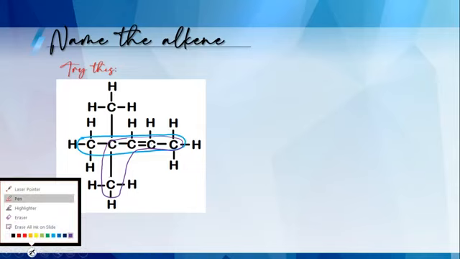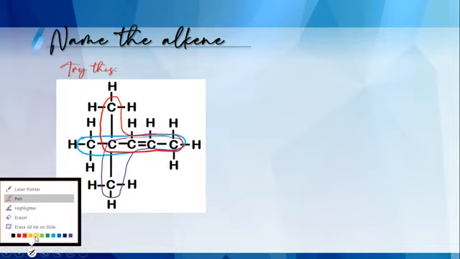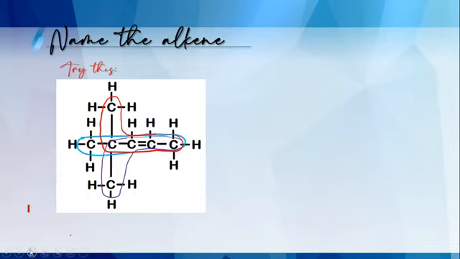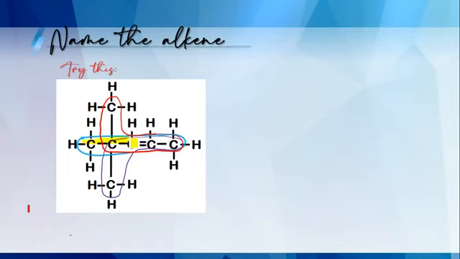And we have another one: 1, 2, 3, 4, 5 still. So basically the longest carbon chain that we can get from this molecule is just 5. I'm going to use the highlighter to make it easy.